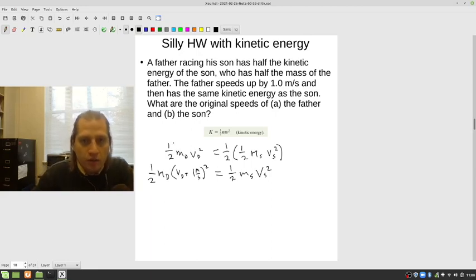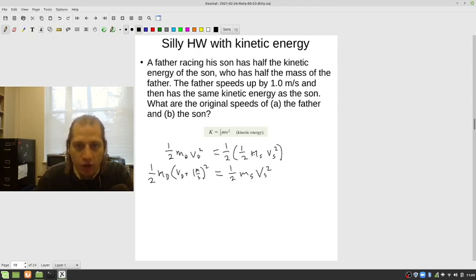Okay, so just looking at this from a math perspective, I've got more unknowns than I have equations. I don't know the mass of the dad, the v of the dad, mass of the son, v of the son. So you'd think, oh golly, I'm going to need 4 equations for 4 unknowns. But let's see, maybe we can do something good.